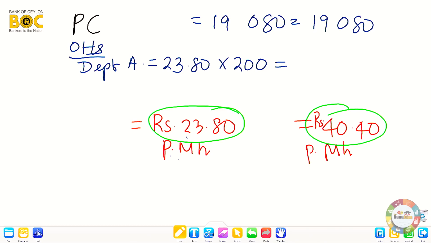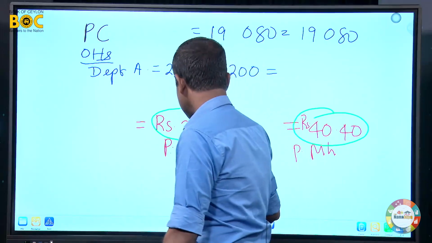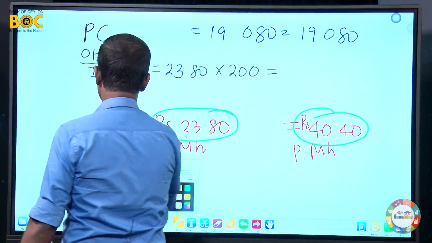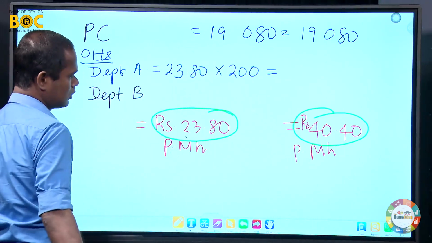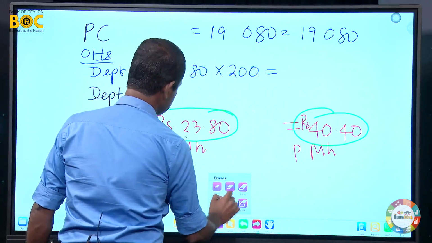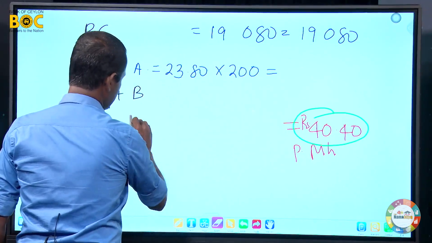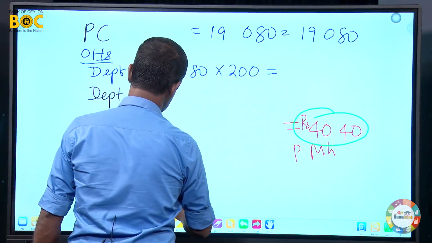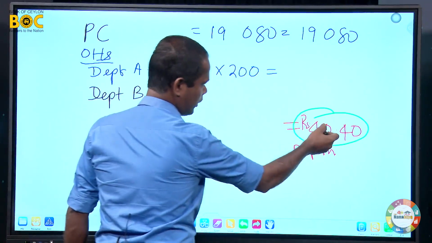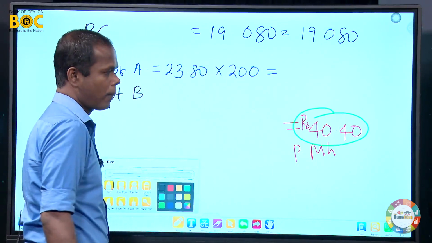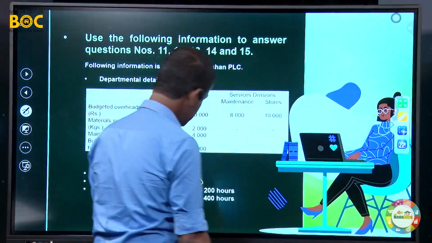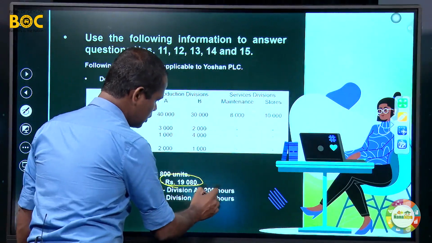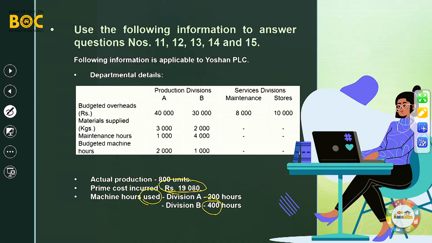That's department A. Department B: you calculated 40 rupees and 40 cents per machine hour. We have used 400 machine hours.